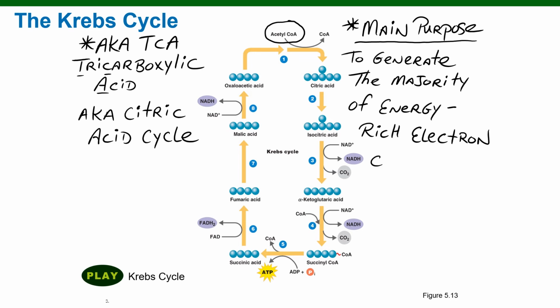And what are the electron carriers? So if we recount, that will be NADH and FADH. And in the next slide, we'll keep count on what goes in and what comes out as a summary.